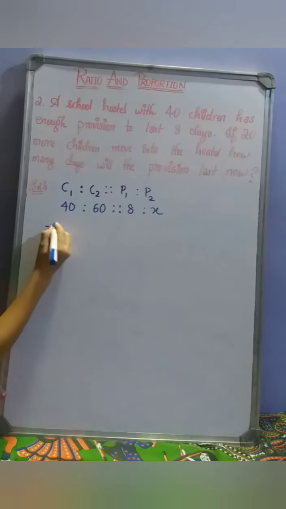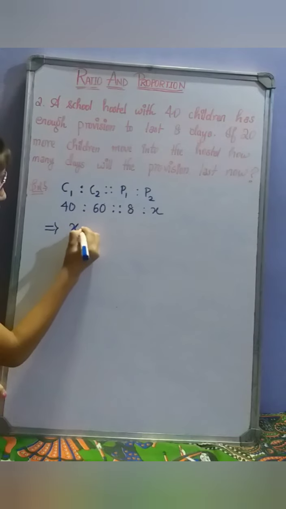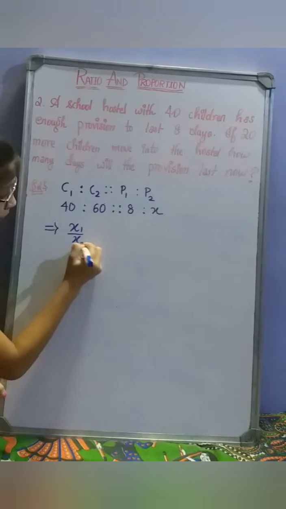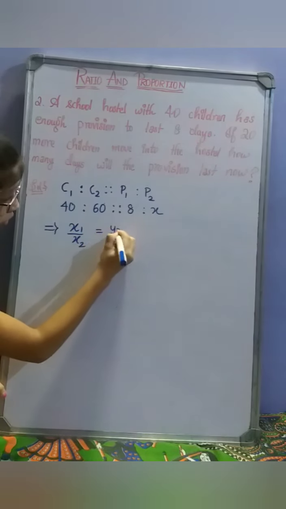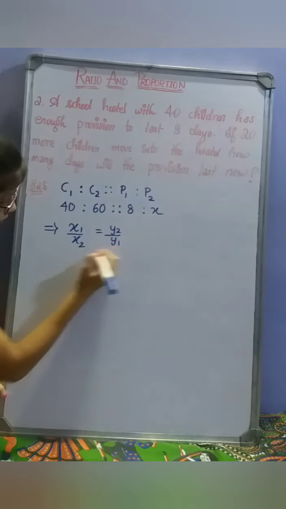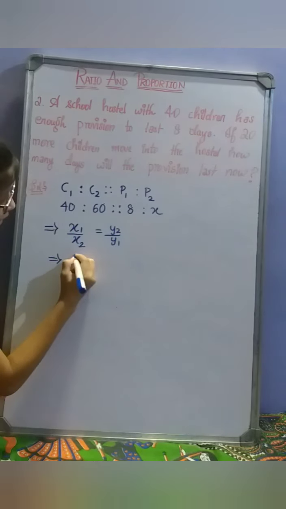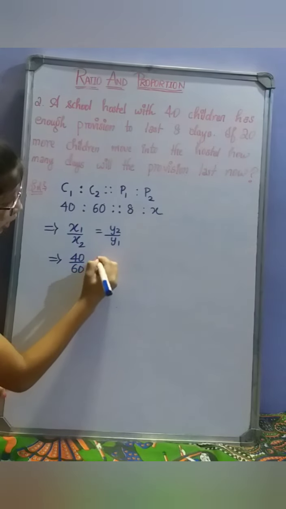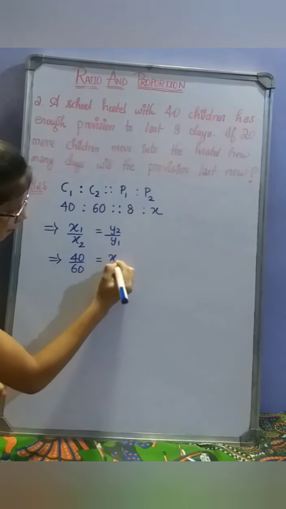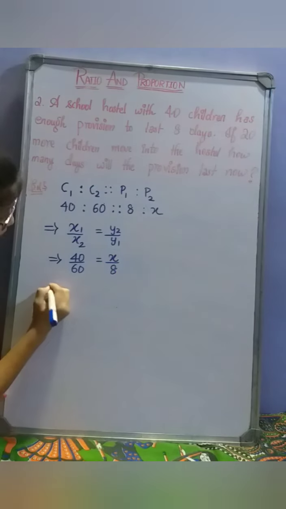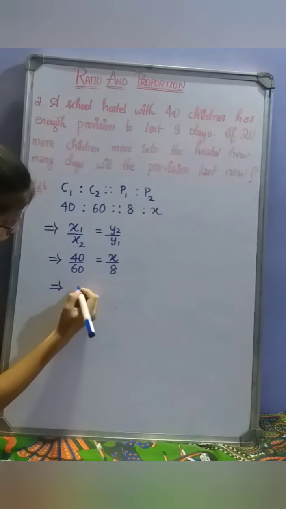So we are going to use the formula of inverse proportion, x1 by x2 equals y2 by y1. We substitute 40 by 60 equals x on top and 8 at the bottom. Now we do cross multiplication.